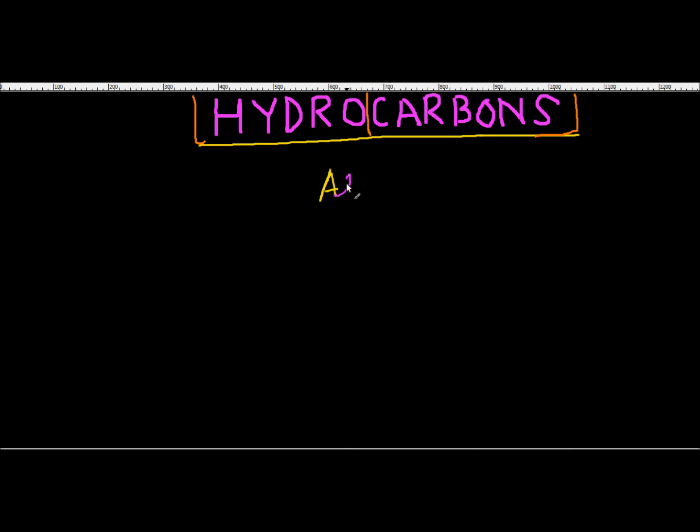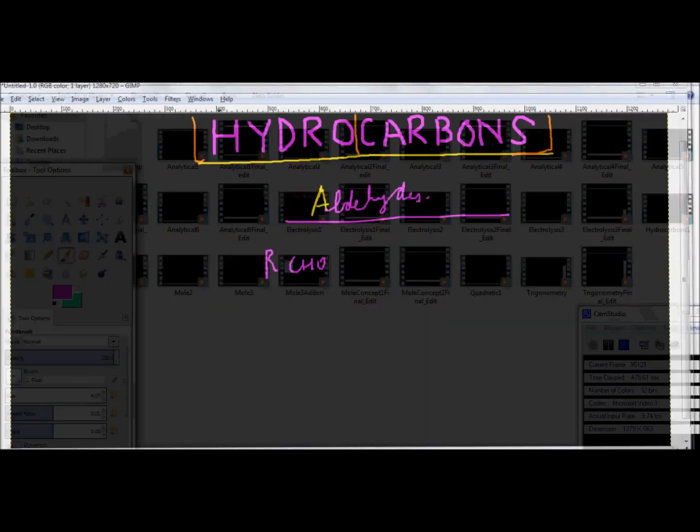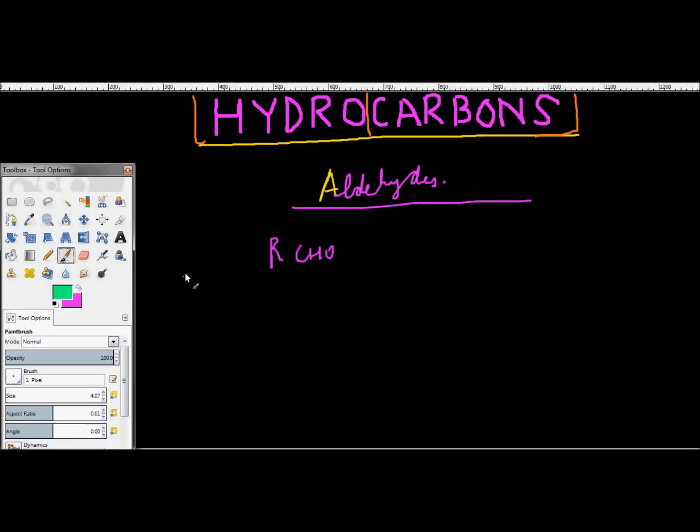So guys, aldehydes are now what we're doing, and they are commonly represented as RCHO. So RCHO, guys, the R here is the alkyl group again. Same thing again and again, just to get it inside your brain.